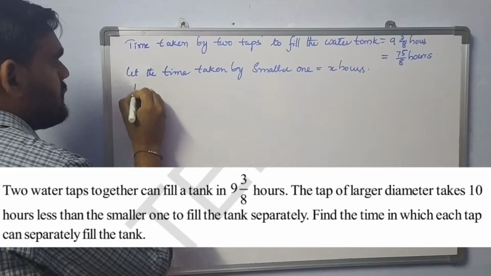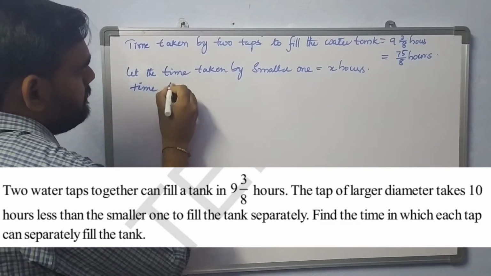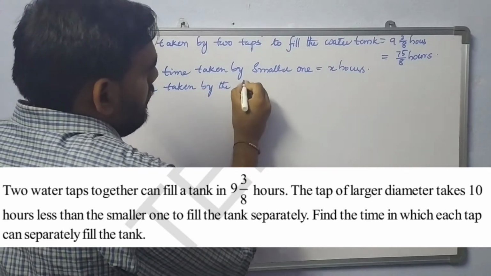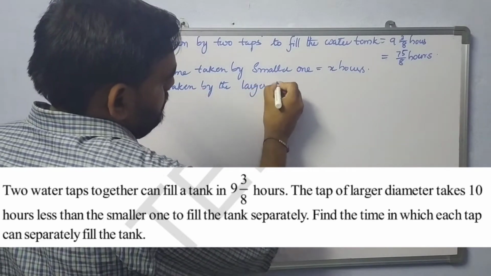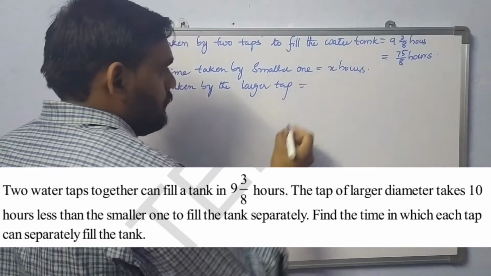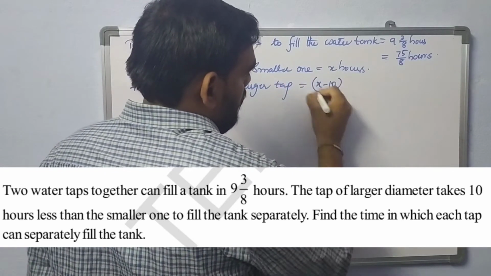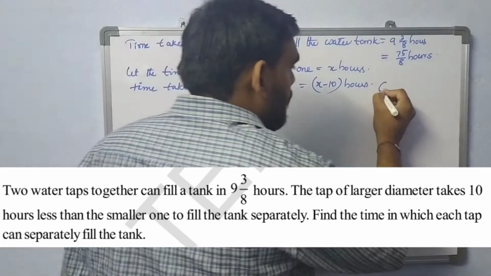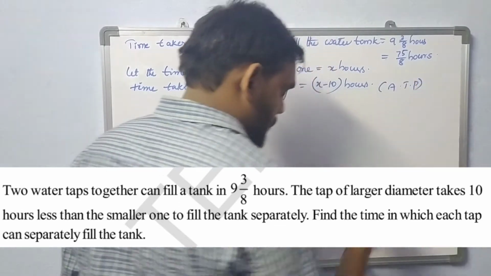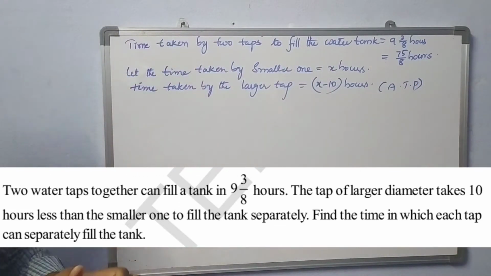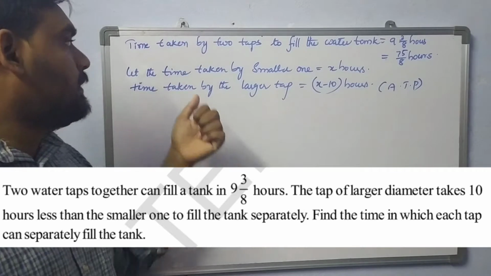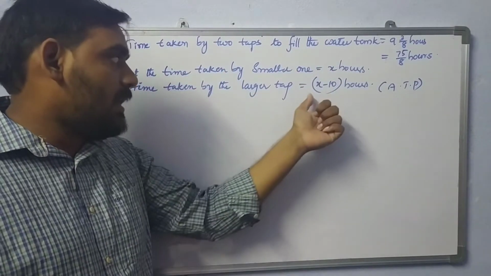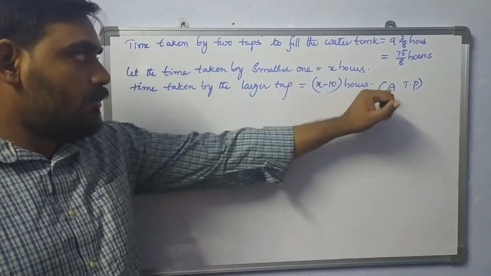Then the time taken by the larger tap is x minus 10 hours. According to the problem, I wrote this. To completely fill the tank, I assumed x hours for the smaller tap, and the time taken by the larger tap will be x minus 10 hours.